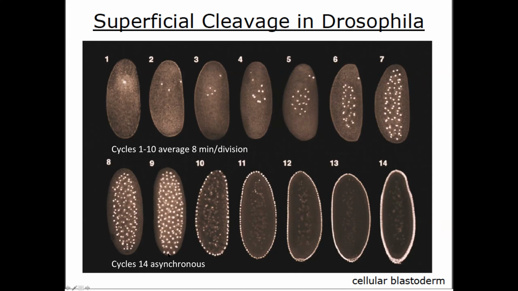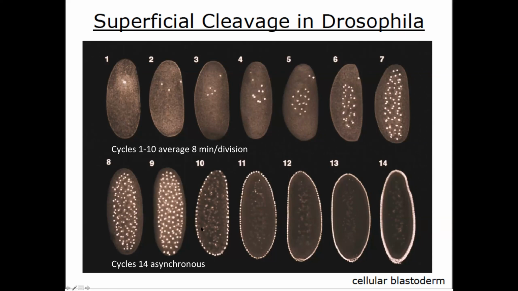How they get specified, what the events leading to specification are, is still not very clearly understood, but to a large extent it is understood that there's probably something in the posterior pole plasm that leads to the specification of some nuclei at these stages. So it's the pole plasm here.